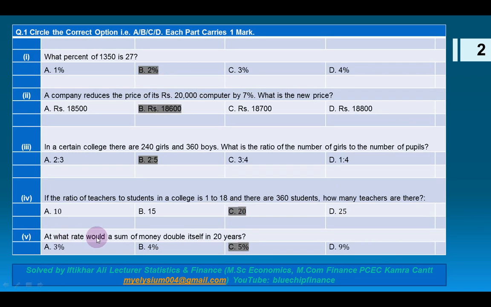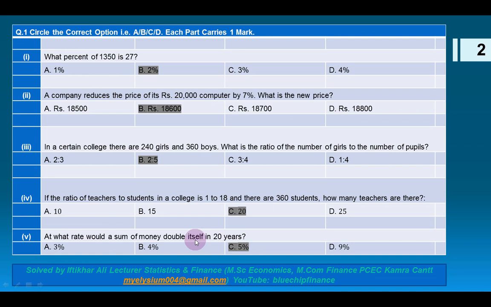The next MCQ is: at what rate would a sum of money double itself in 20 years? Rate of interest is missing, n is present. You can calculate it through the simple interest formula. For example, if we assume that principal amount is 5,000, because if we add 5,000 simple interest to the principal amount, the future value will be double, 10,000.